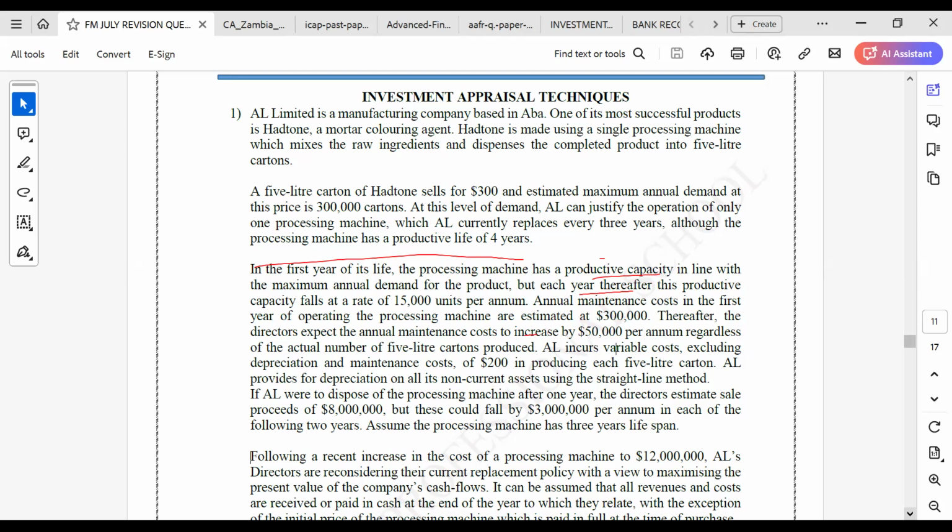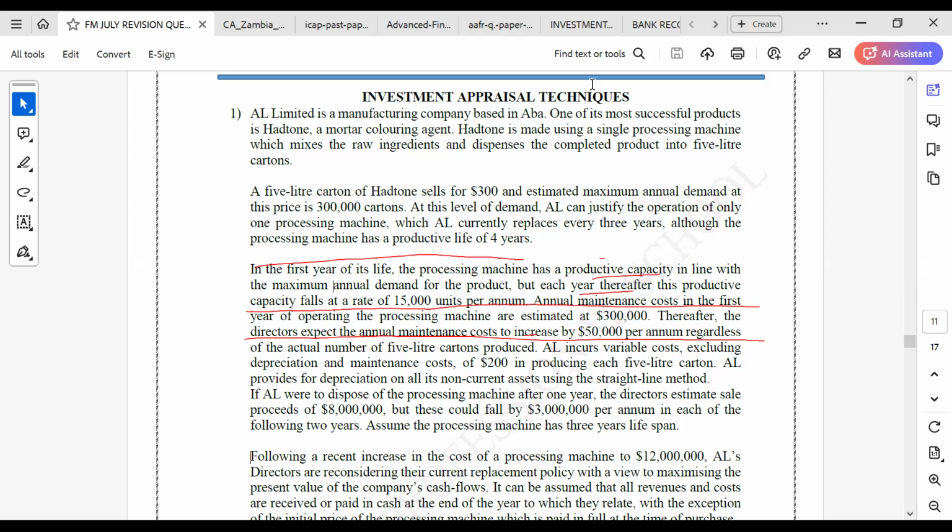So AL currently replaces every 3 years, although the processing machine has a productive life of 4 years. Okay, so if you purchase this, the estimated annual cost is this figure, and this is estimated to be this one.